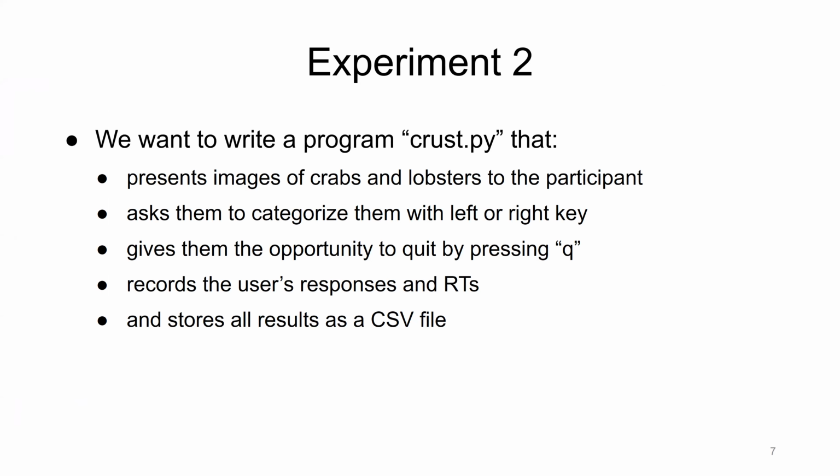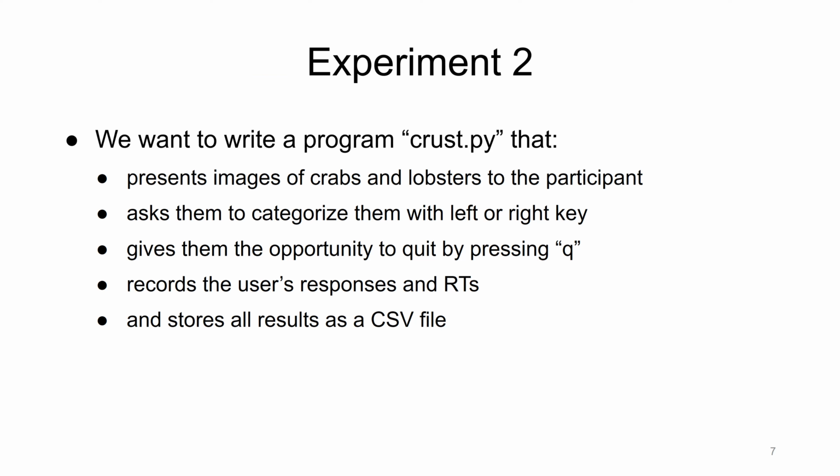So again, we want to write a little script. It should be called crust.py. We'll see in a minute why this is. In this experiment, we will present images of crabs and lobsters to the subject.